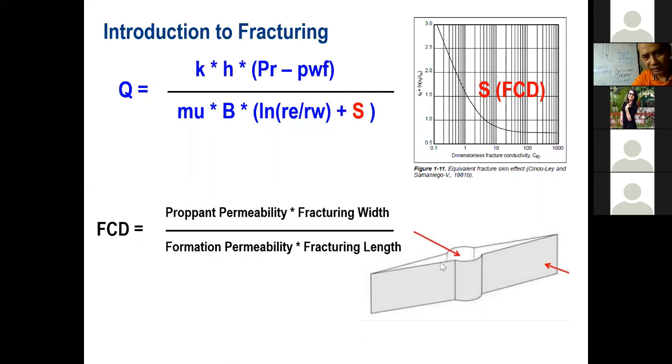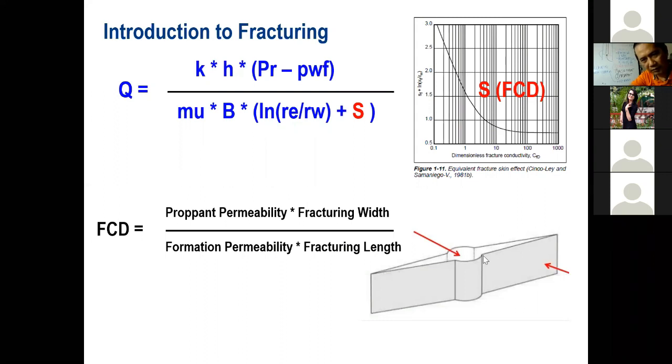So if you look at the cartoon here, when you apply pressure and crack the rock, the rock will start to open and be cracked. When the rock is cracked, it creates a width. Can you see my cursor here? This is your width. Then the crack continues, and the width opens along the half length.